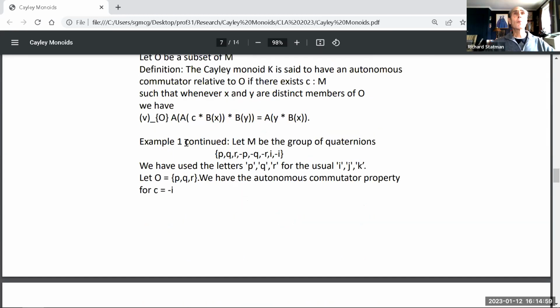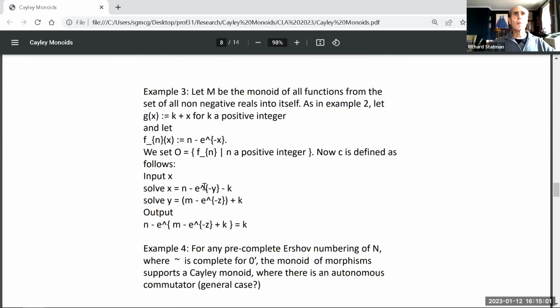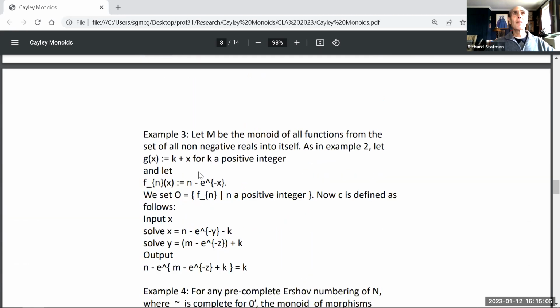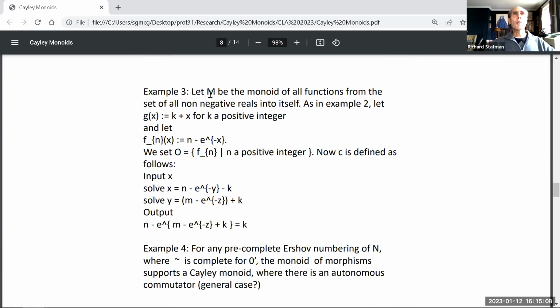Oh, example 1. Where's example 2? It is example 2. Okay. Yeah, example 3. This is a bit more of the normal case, I think. So let M be the monoid of all functions from the set of non-negative reals to itself. As an example, I'm going to take a group element and conjugate by it. Let's just take, add a positive integer to a function.